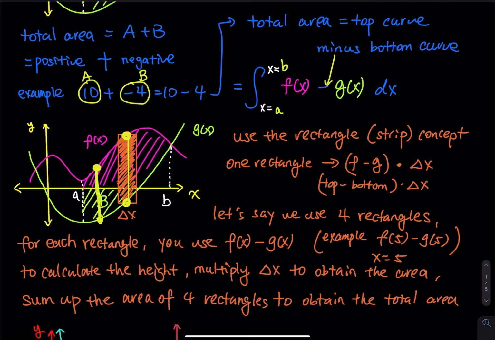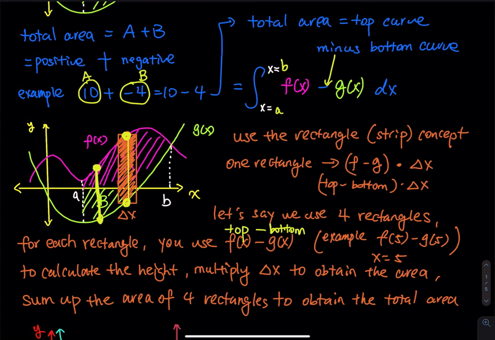So let's say we want to use 4 rectangles to approximate the entire area. Then you use f minus g, which is top minus bottom. So let's say x equals 5, then we use f(5) minus g(5).